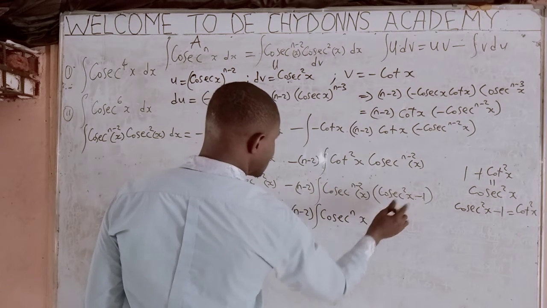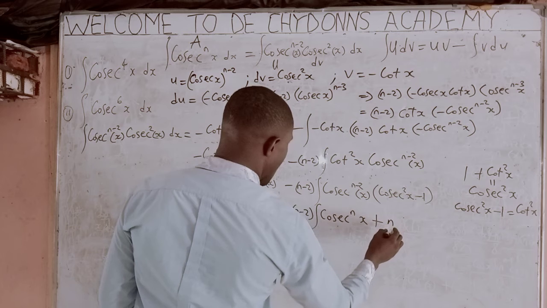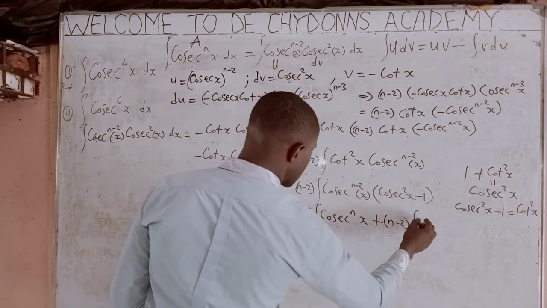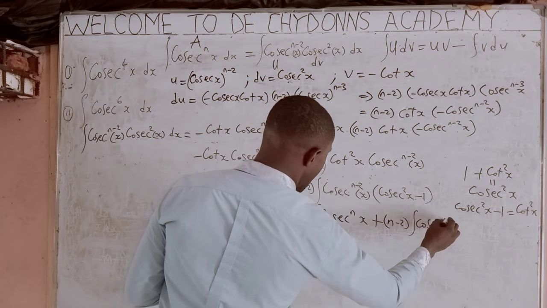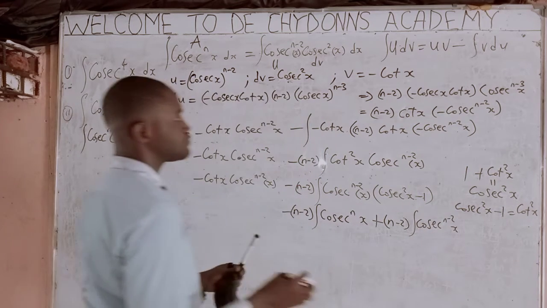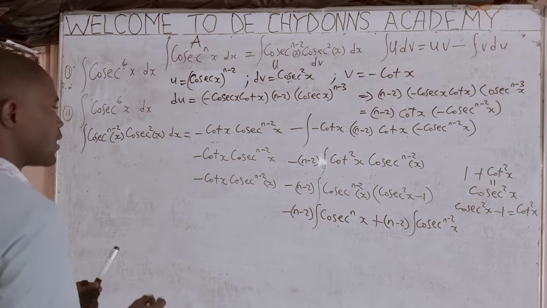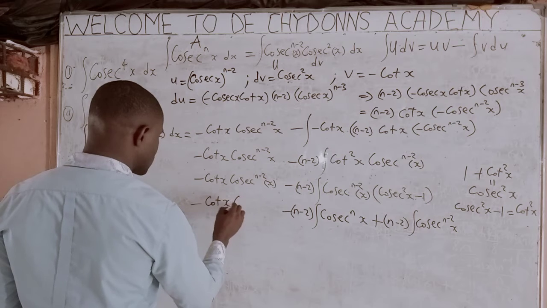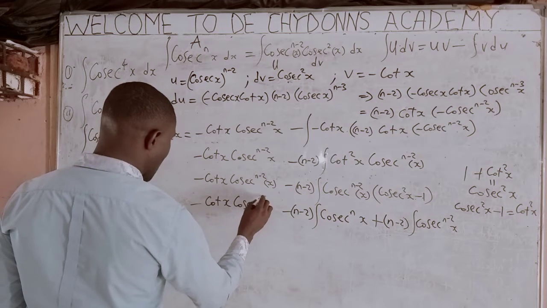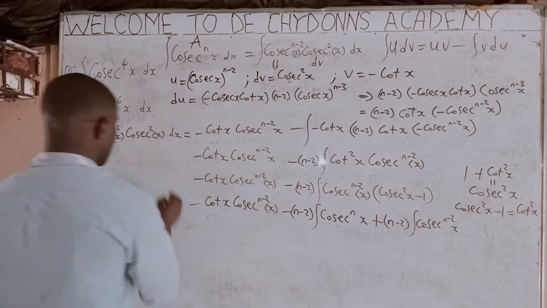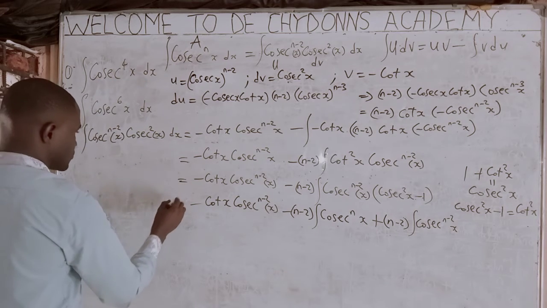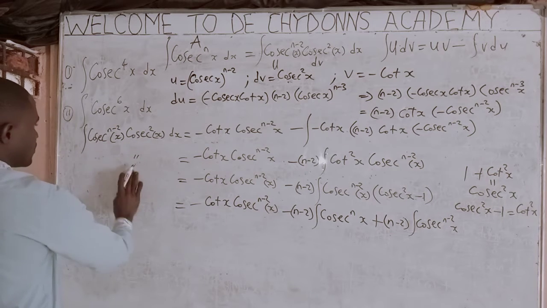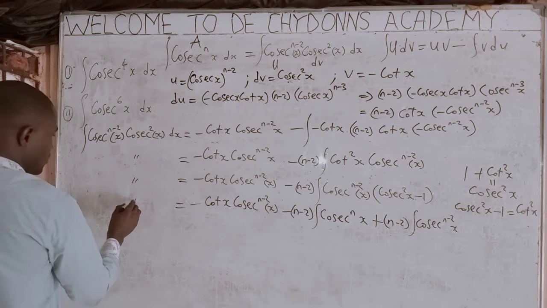Then the whole of this times gives plus (n minus 2) integration of cosec^(n-2) x. We say minus cot x cosec^(n-2) x. So we have to write this here again.